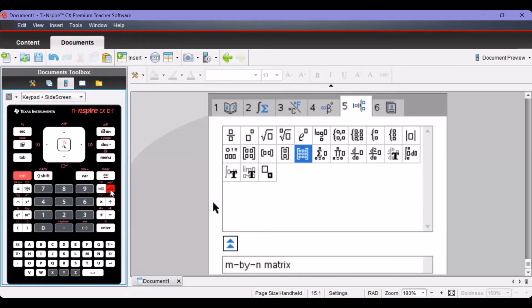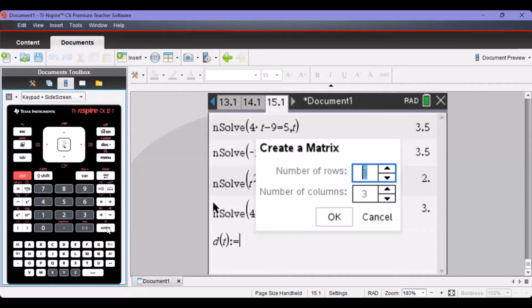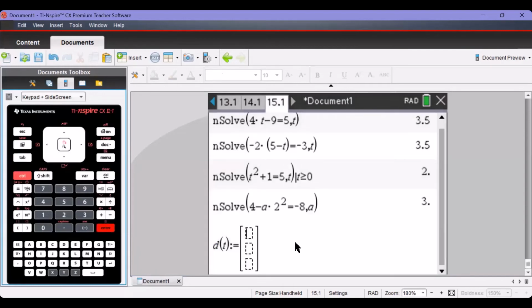Press the catalog, select the M by N matrix template, and we want to create a column vector. 3 rows is good. Press Tab, 1 column, press Tab to highlight OK and press Enter. And then we want to enter in the components.